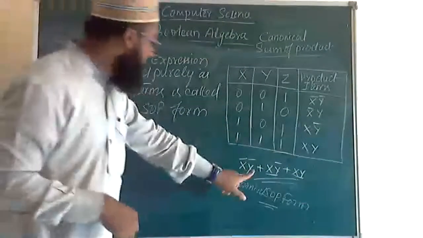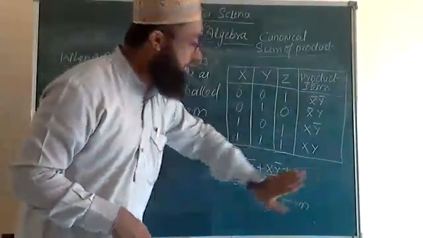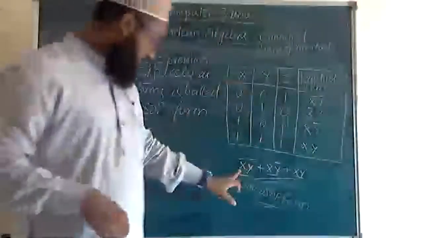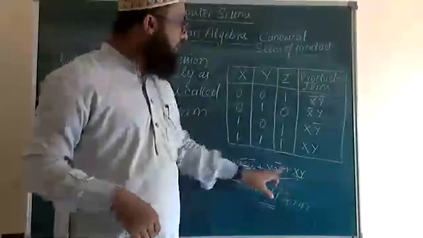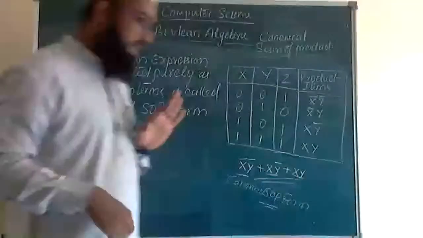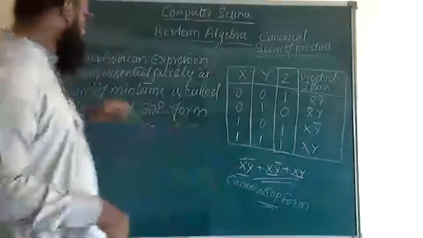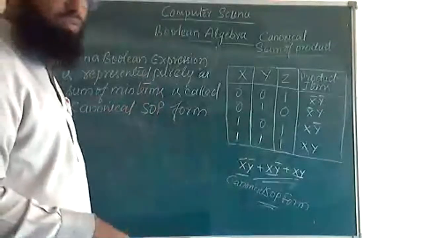Sum of min terms means a min term is added with another min term. In between every min term, whenever there is an OR operator, that is called canonical SOP form.